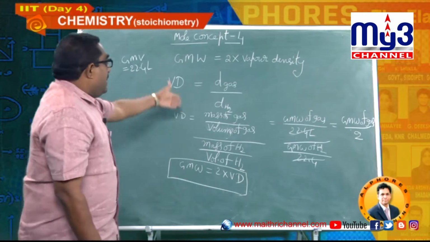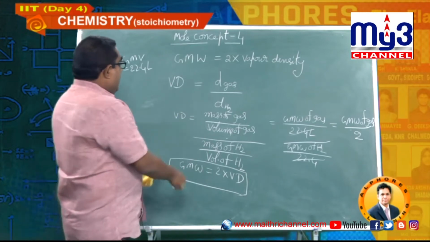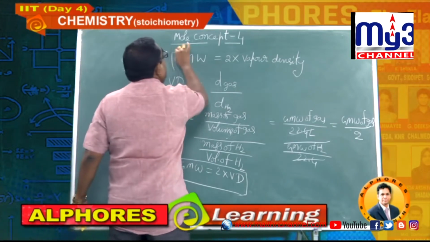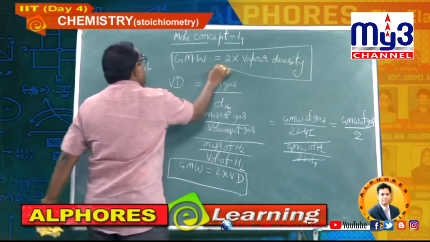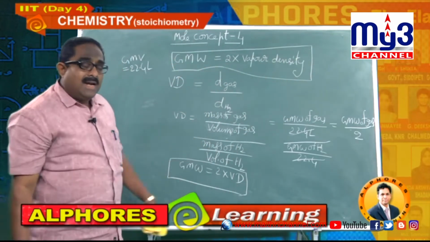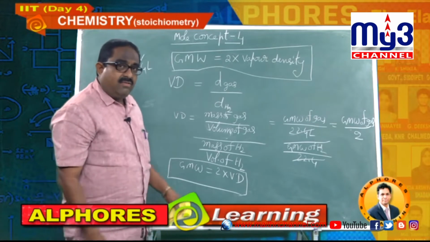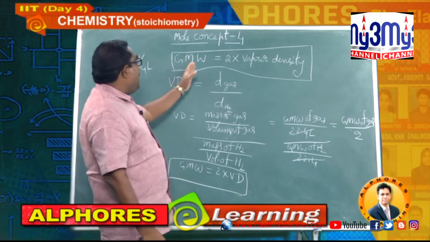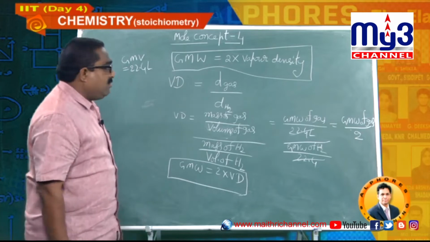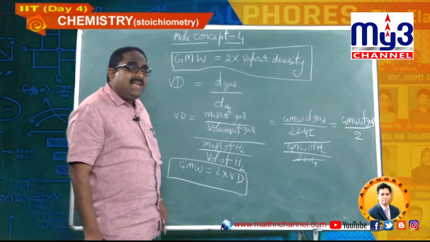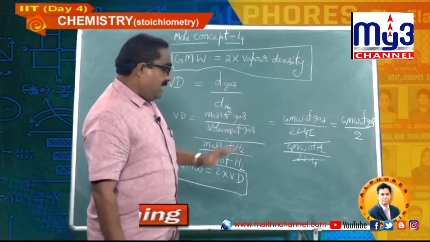So this is the derivation part, to understand how we get this particular relation for gaseous substances. That is, molar mass of a gaseous substance is equal to 2 into its vapor density.